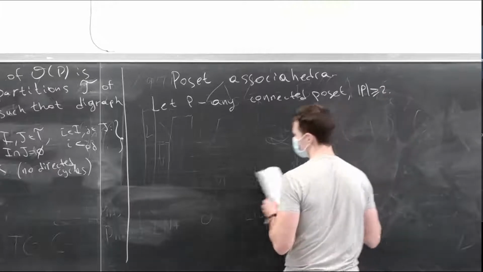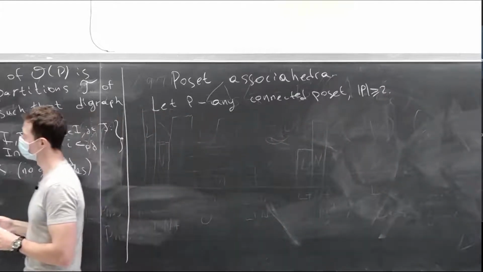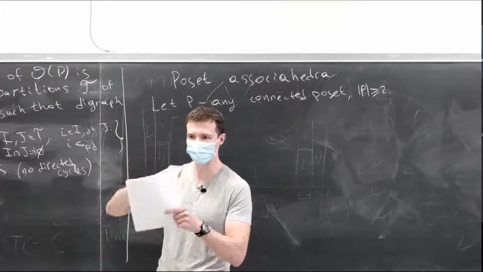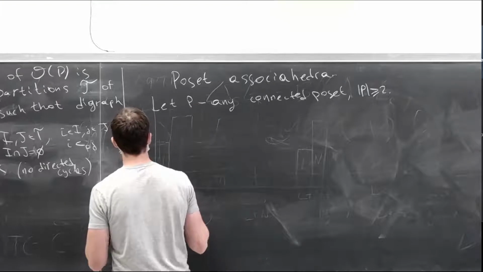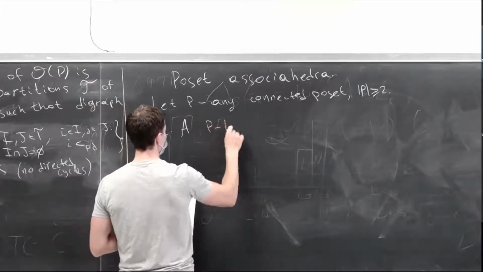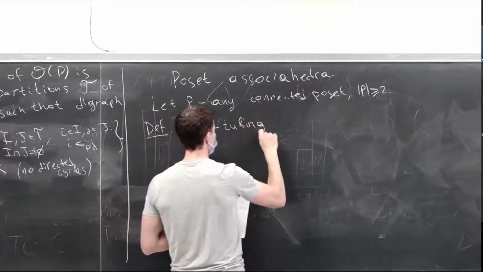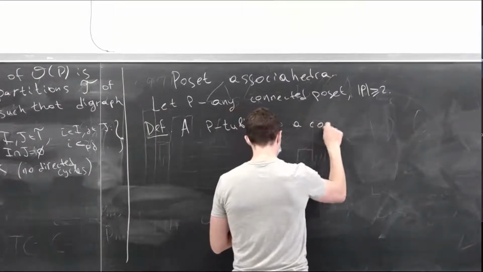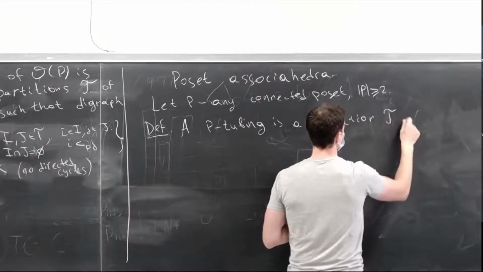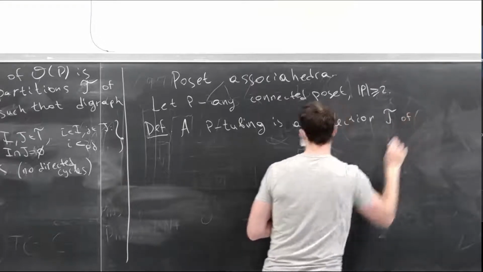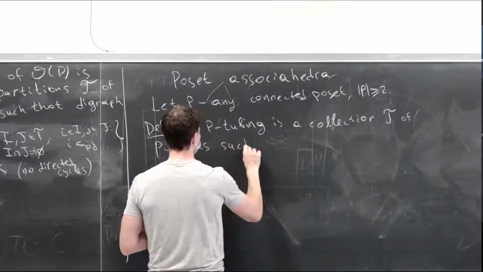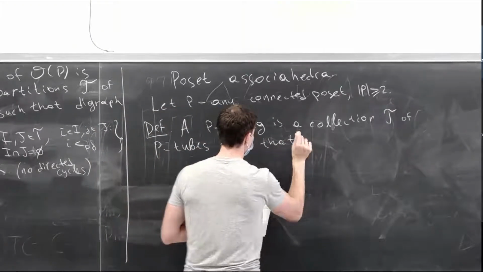For graph associahedra, we had the notion of tubings, sort of nested collections of connected subsets. So here is another definition. A P-tubing is a collection capital T of P-tubes such that, again, two conditions.